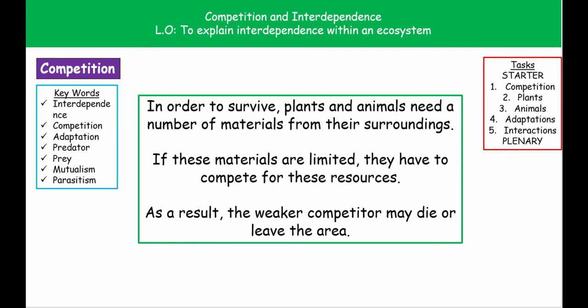As a result of this competition between those species for those limited resources, the weaker competitor may die or leave the area. So write down those 3 sentences in your book if you haven't already. I'm going to give you about another minute to get those written down.